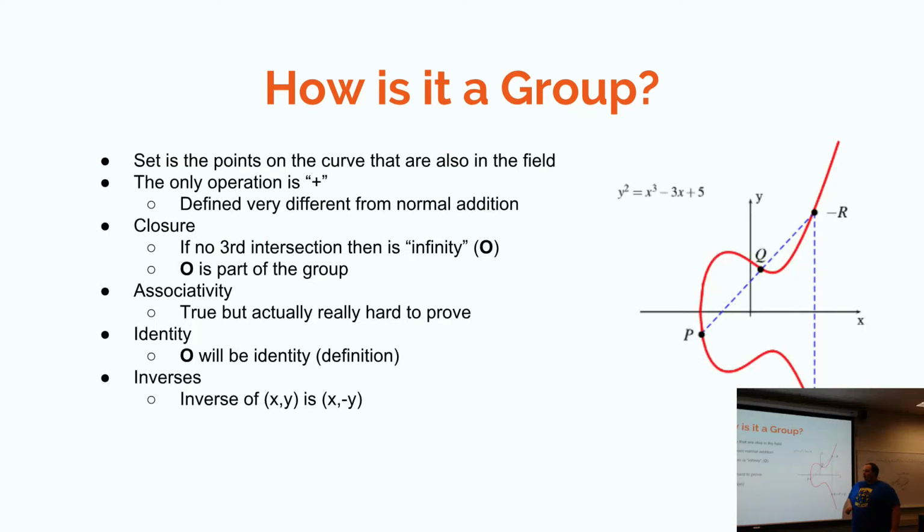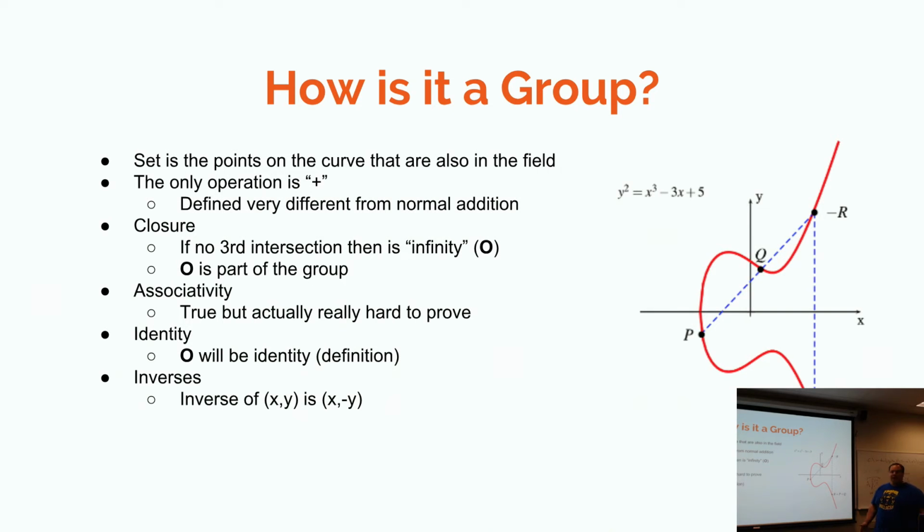So like I said, it was a group, right? Our set is just all these xy pairs. But what's the operation? You're wondering. You're like, I think I remember you saying there's two parts. I don't quite know for sure. The second part was the operation. We call it plus with quotation marks.